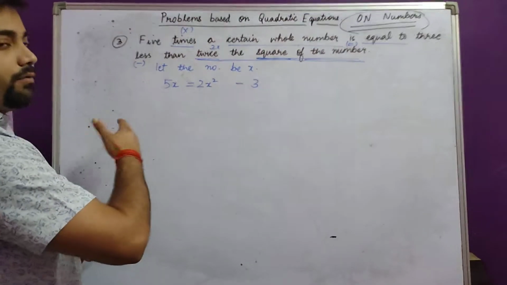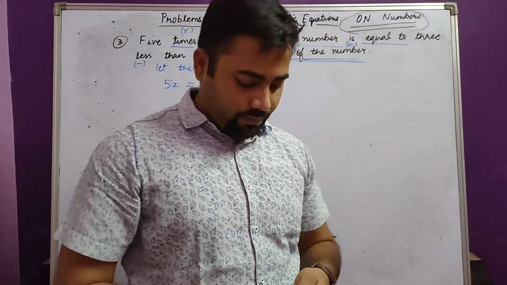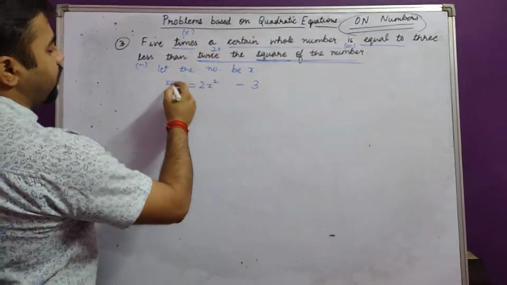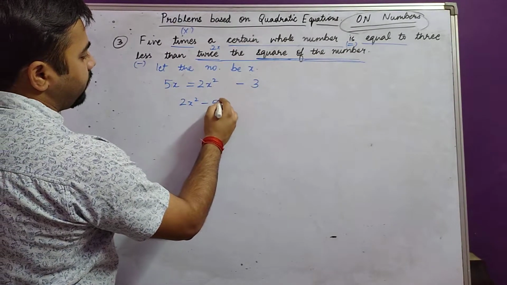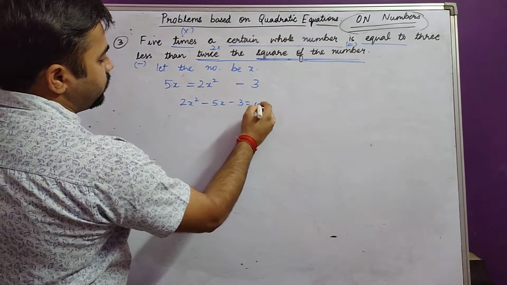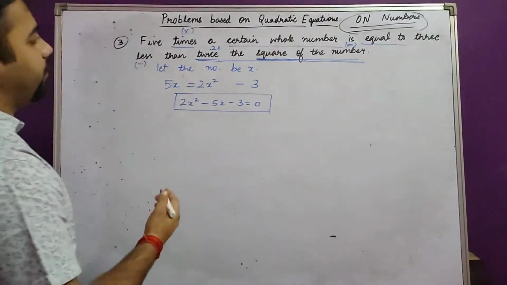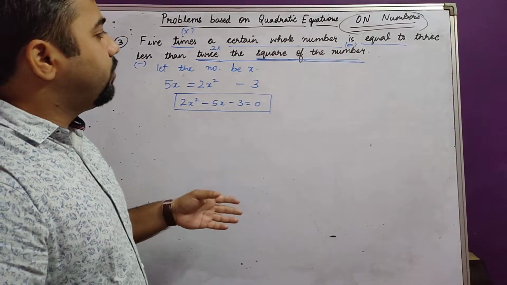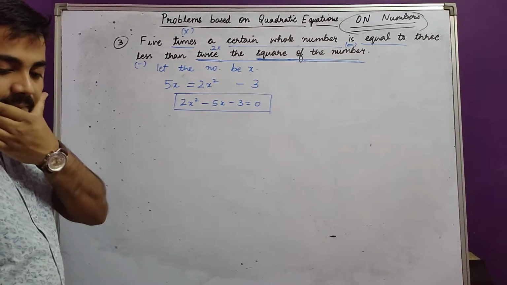Now again we have to take all the terms on one side such that x square becomes the positive one. 2x square minus 5x minus 3 is equal to 0. This becomes a quadratic equation and we have to solve it further. If you have any problem in solving the quadratic equation, tell me.